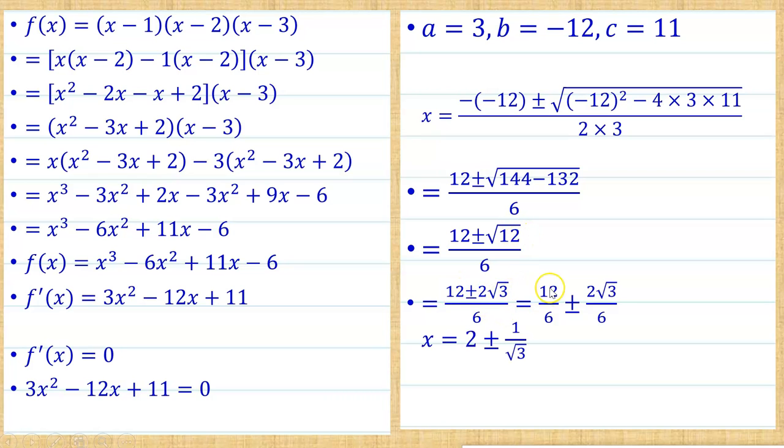Again simplifying, 12 upon 6 plus or minus 2 root 3 upon 6, and here you will get 2 plus or minus, dividing again, root 3 upon 3 here, and if we rationalise, then you will get 1 upon root 3. Okay, therefore x is equals to 2 plus or minus 1 by root 3, and it's clear that x is equals to 2 plus or minus 1 upon root 3 belongs to the closed interval 1, 3.